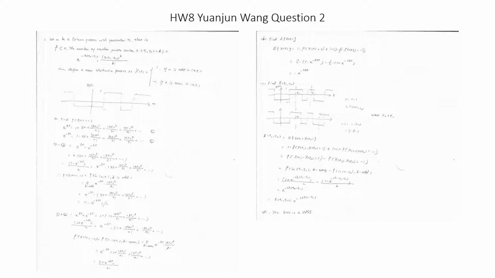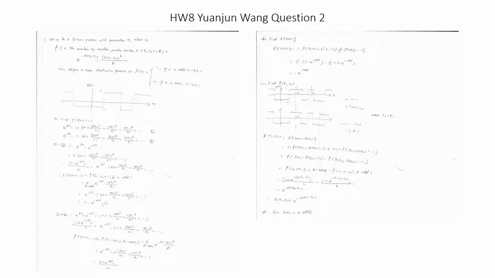Using the first equation minus the second one, we get e to the lambda t minus e to the negative lambda t, and after the calculations, we get that (1 minus e to the negative 2 lambda t) over 2 is equal to e to the negative lambda t times (lambda t plus (lambda t) to the third over 3 factorial plus (lambda t) to the fifth over 5 factorial, and so on).